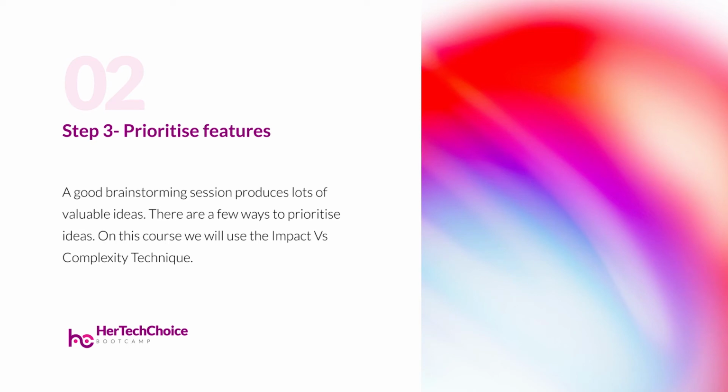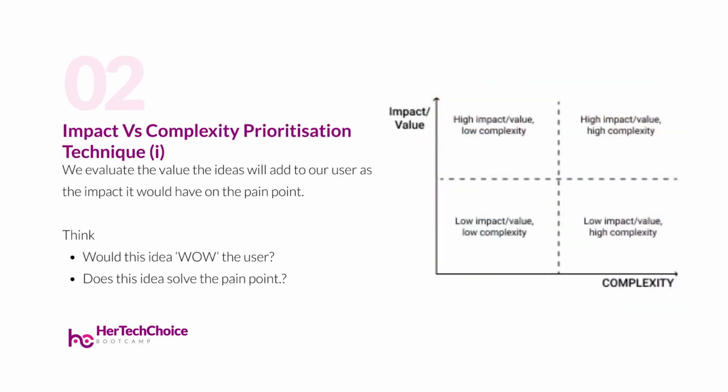The methodology is actually straightforward. A product team builds a graph or prioritization matrix with axes of impact or value against complexity or effort. The chart is then broken down into quadrants: high impact or value versus low complexity, high value high complexity, low value low complexity, and low value high complexity.